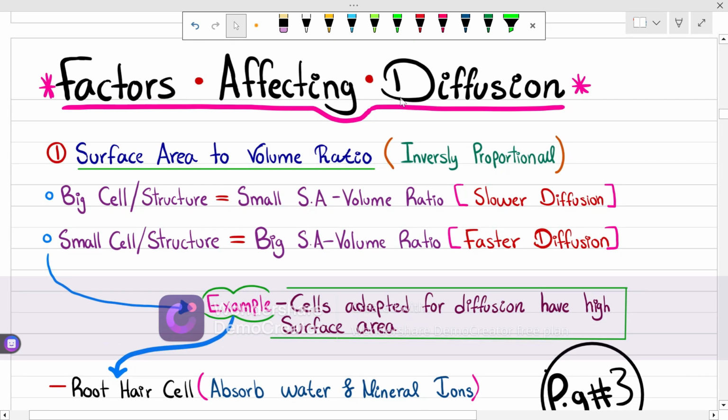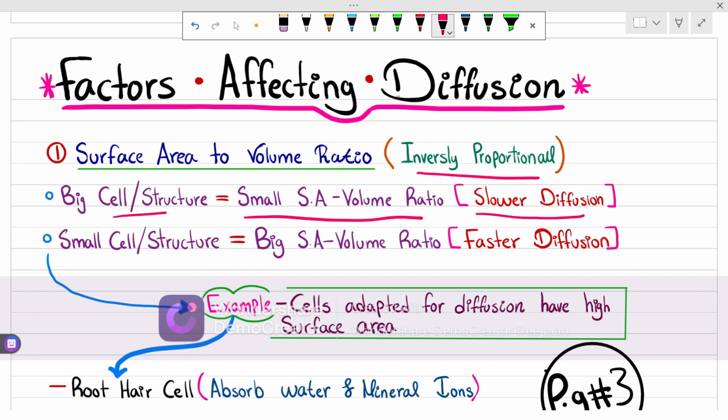What are some factors affecting diffusion? The first one is surface area to volume ratio, which is inversely proportional. So a big cell structure has a small surface area to volume ratio and slower diffusion. A small cell structure has a big surface area to volume ratio and faster diffusion.